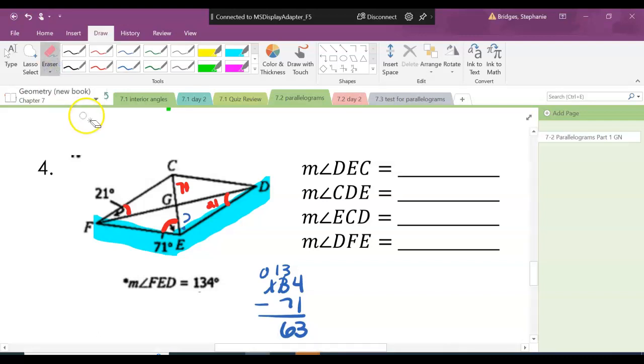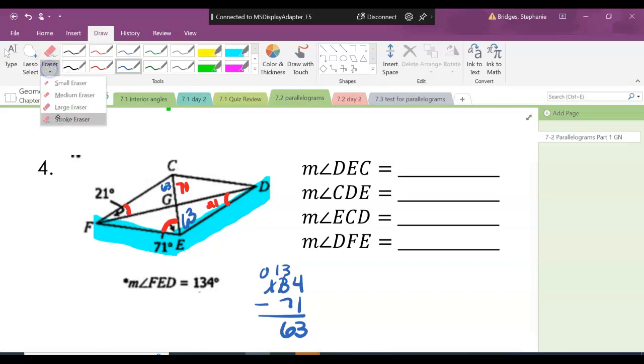So where I put that question mark is 63. Which means what else is 63 up at? Yeah, so right here, 63, that's its alternate interior angle. And let's see what we can answer based off of all of that.